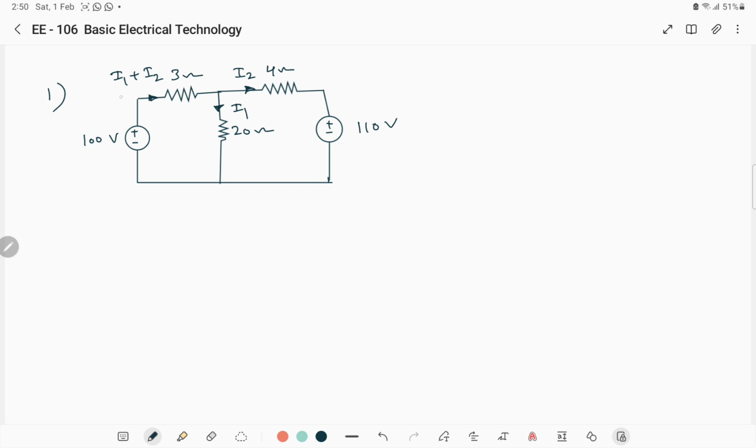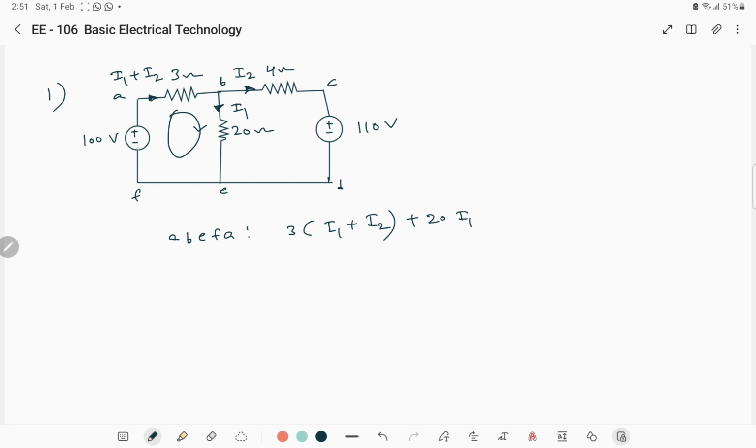Let's label the circuit A B C D E F. Applying KVL in the loop in a closed path ABEFA: 3 into I1 plus I2, current is flowing towards the loop direction. Here also current again flowing towards the loop, so plus 20 into I1.